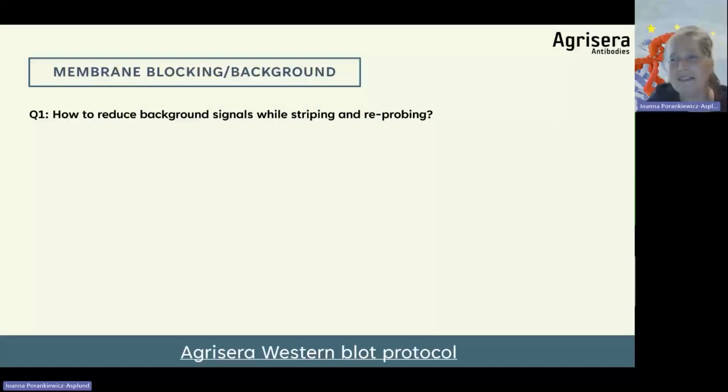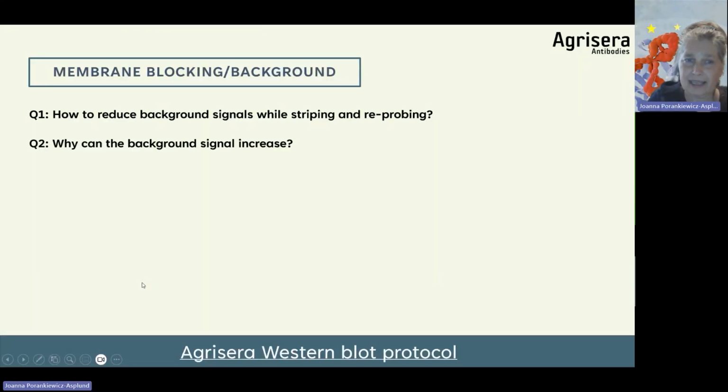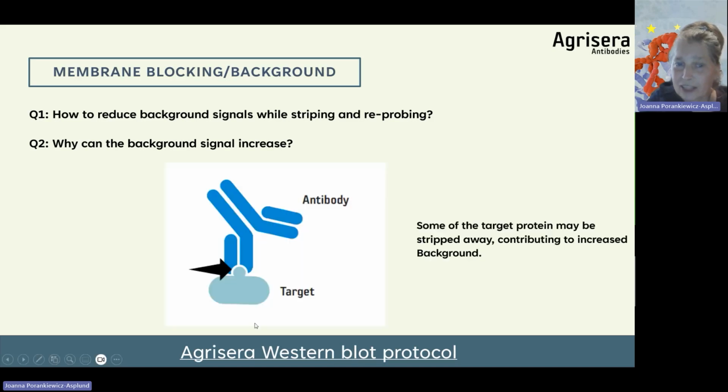Background problem is, I think, one of the biggest problems in Western blot. So here I got a question, how to reduce the background signals while stripping and reprobing. And my question is, why can the background signal increase?